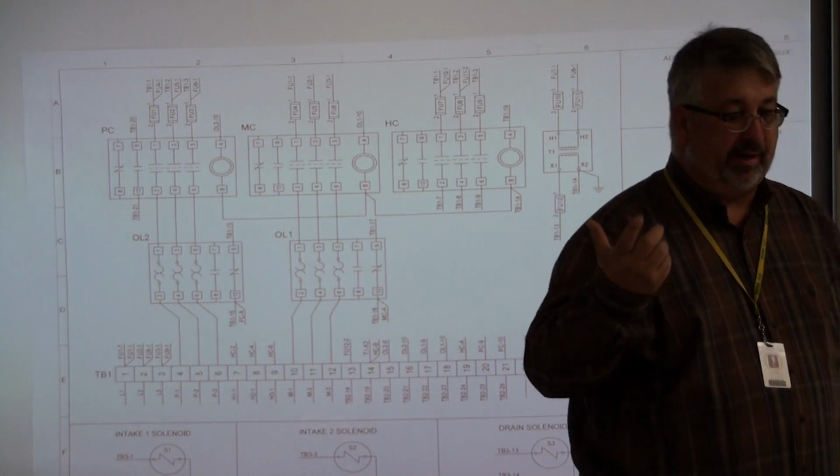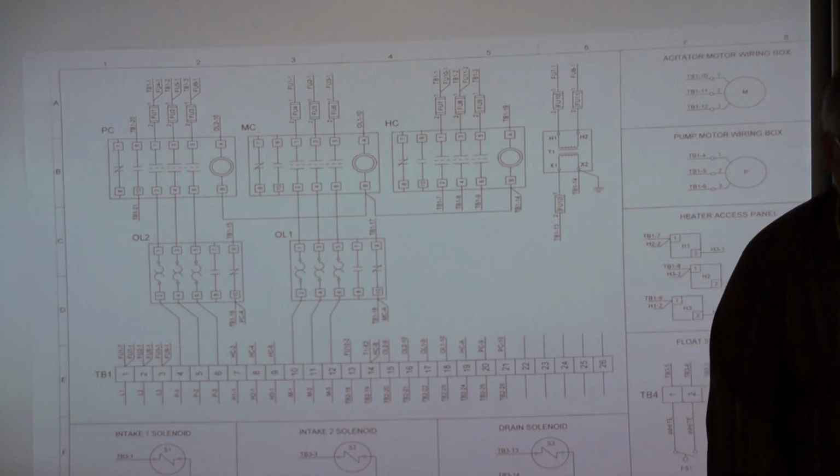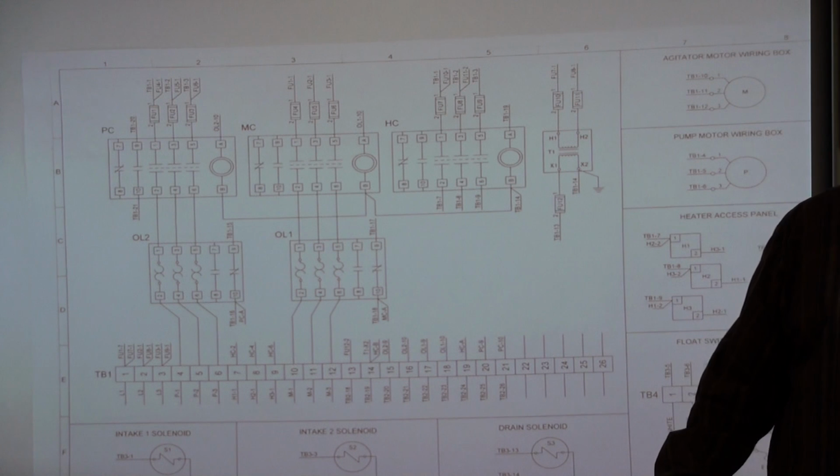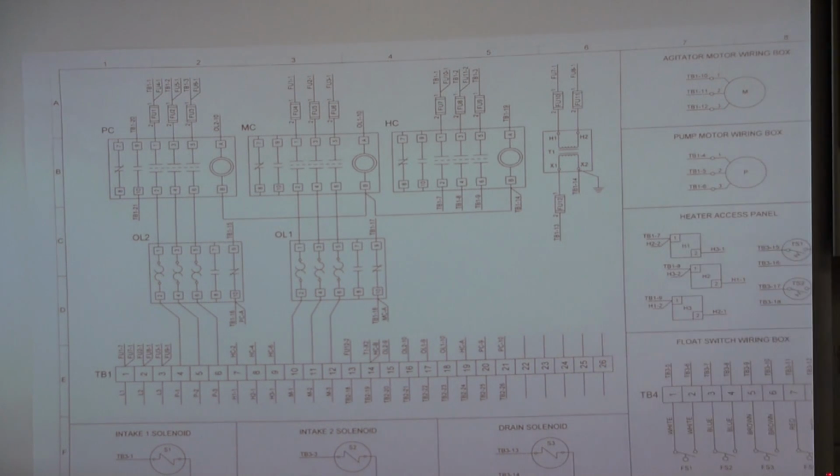The reason we put in an overload relay, and again, you're going to be learning about these one by one. Sometimes motors can be rebuilt and redone. First of all, if a motor goes bad and starts drawing more current, Mark mentioned the other day, even when we're single phase, what can happen to a motor when it's drawing too much current? It'll burn up. Like you said, fire, bad.